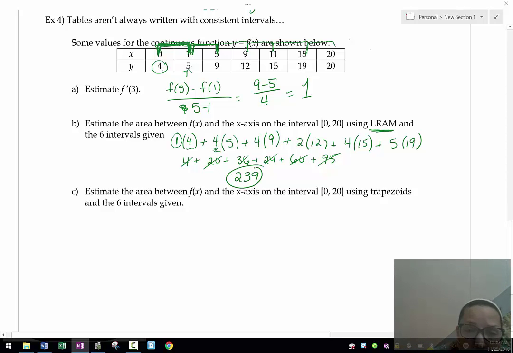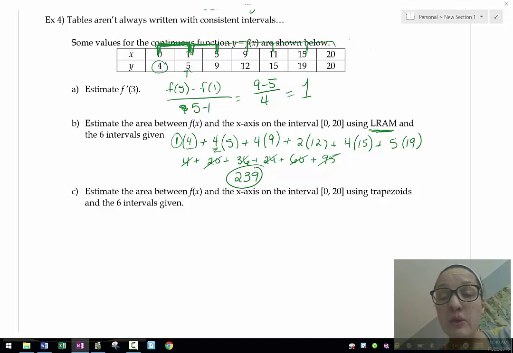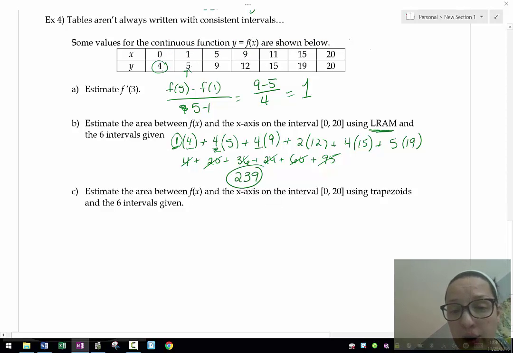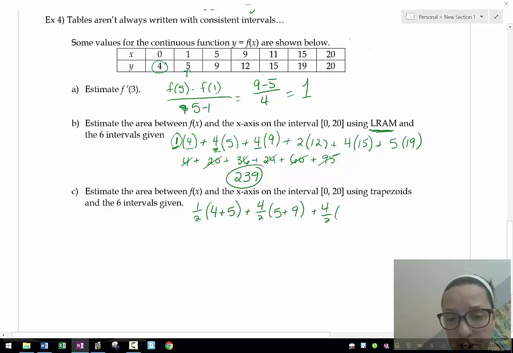All right, estimate the area between f of x and the x-axis on the interval from 0 to 20 using trapezoids and the 6 intervals given. Okay, so trapezoids, I'm going to do the same thing, except all of these right here are going to be my heights. So I have h over 2, b1 plus b2. Now I have a new height, 4 over 2, 5 plus 9, 4 over 2, 9 plus 12.